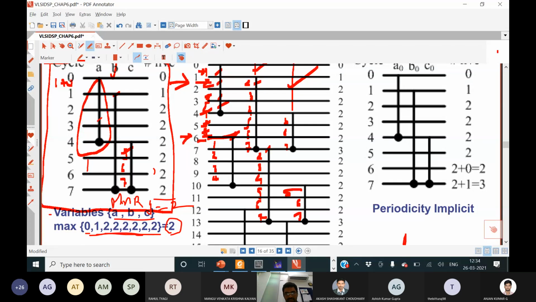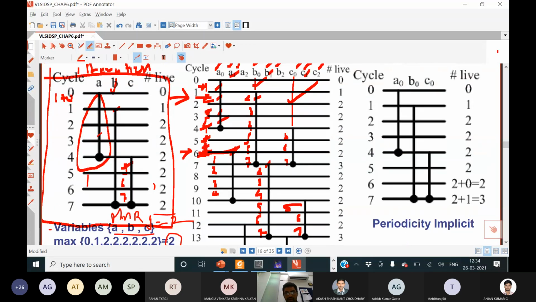So from this point onwards, whatever happened above, that mirror image would be there, but the first iteration would still be completed after 7. Whatever has been started is still running, but here the new A1 execution is started.